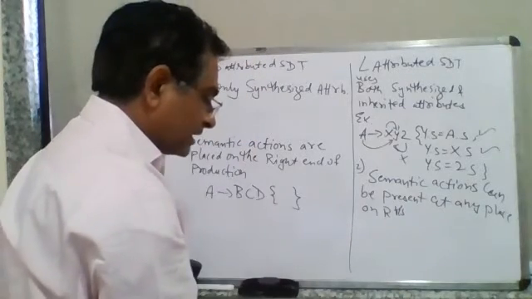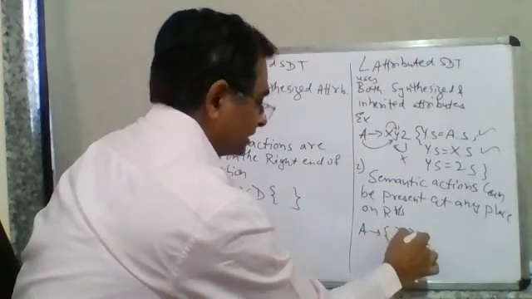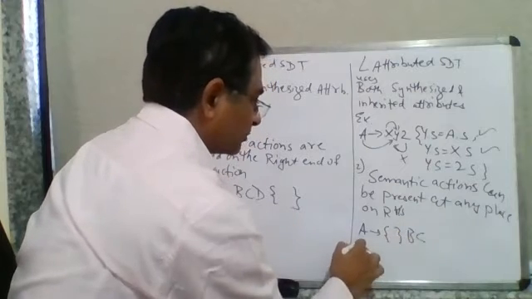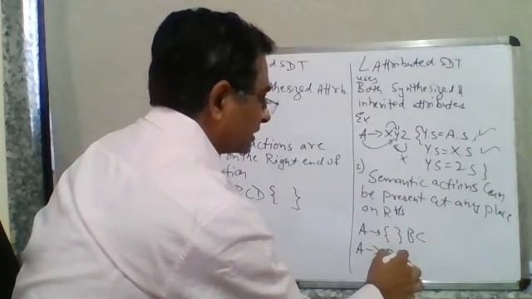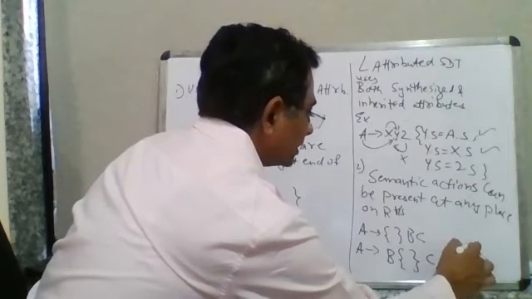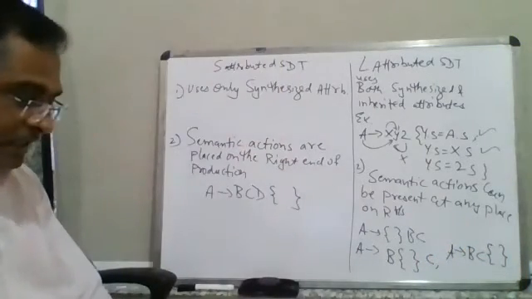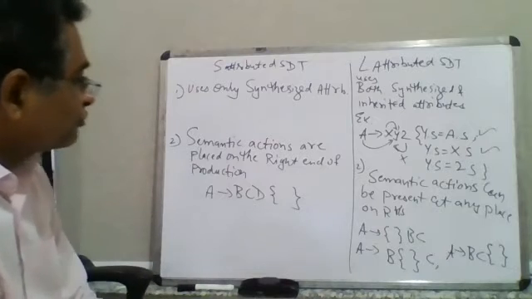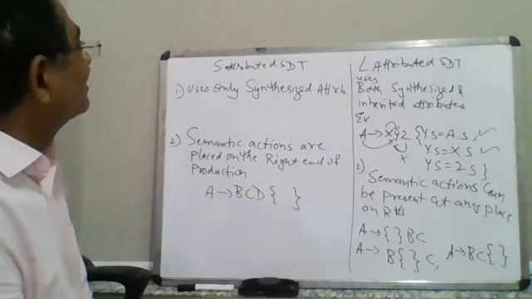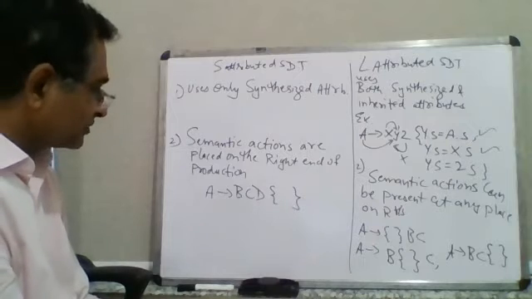A tends to semantic action here, B, C could be there, then A could be having B, then semantic action here, and then C, or even maybe A tends to B, C, and maybe here, right? So you can put the semantic action at any place. So it is more free, as far as the compiler design is concerned, right?